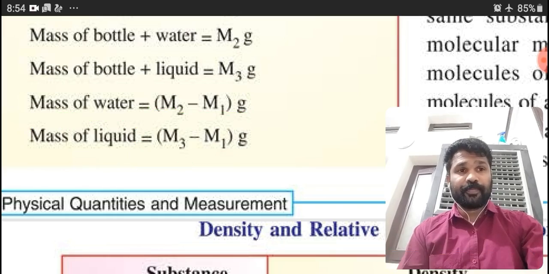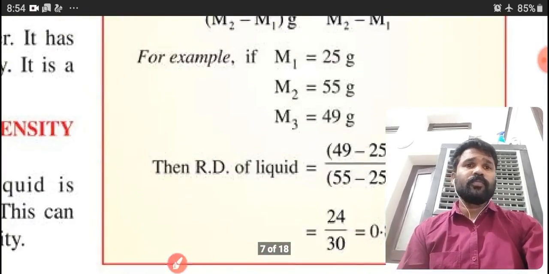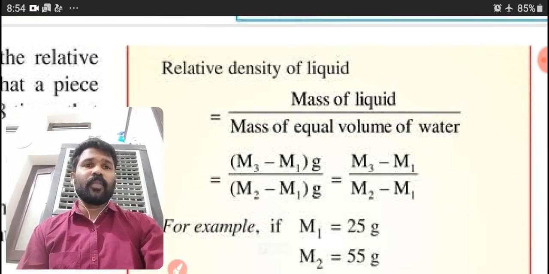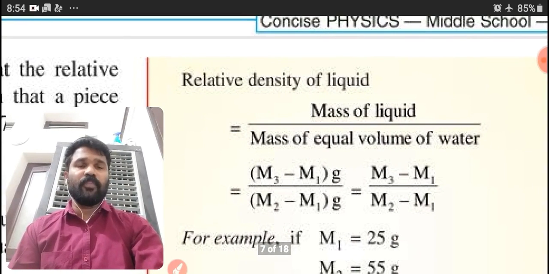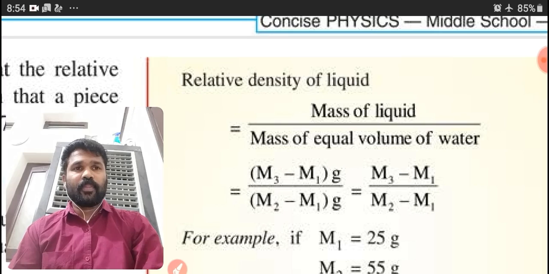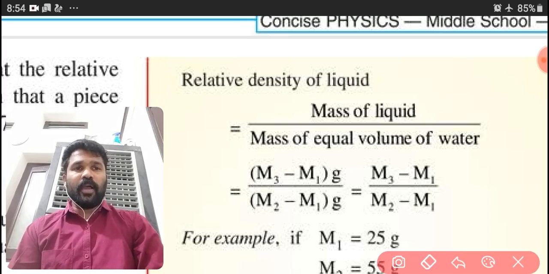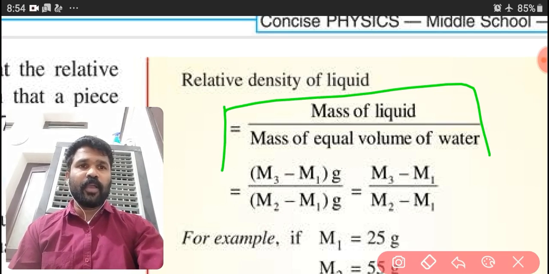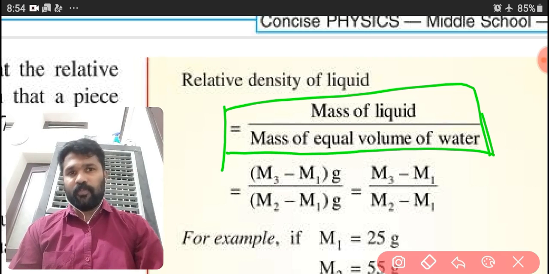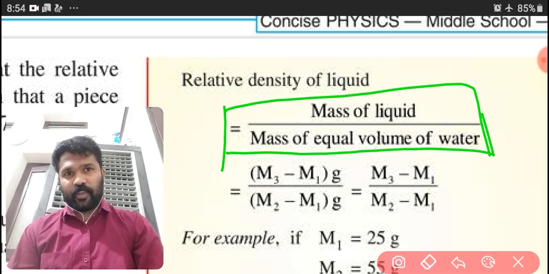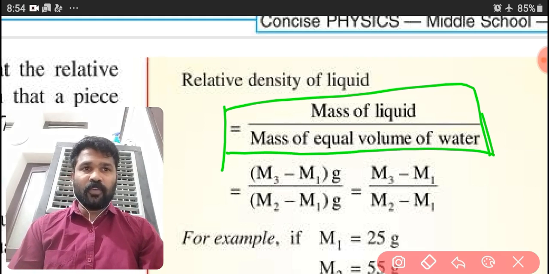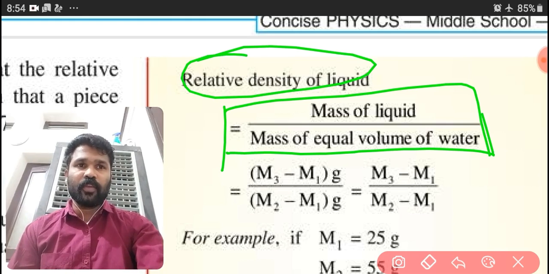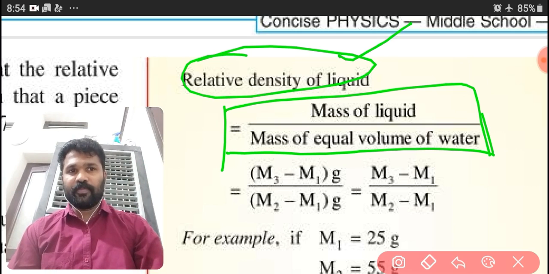Okay, students. Now what to do? Find out the relative density of liquid. That can be found out by the relation mass of liquid divided by mass of equal volume of water. The relative density of a liquid can be found out by this relation.